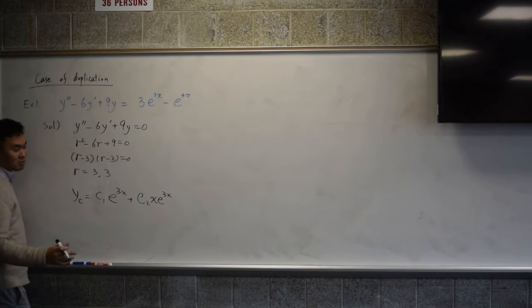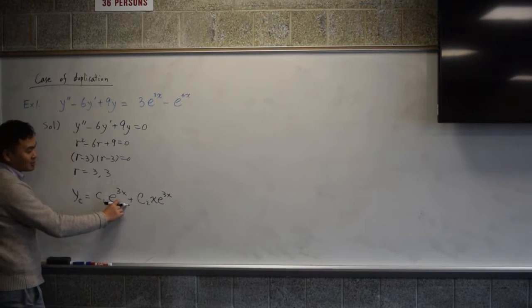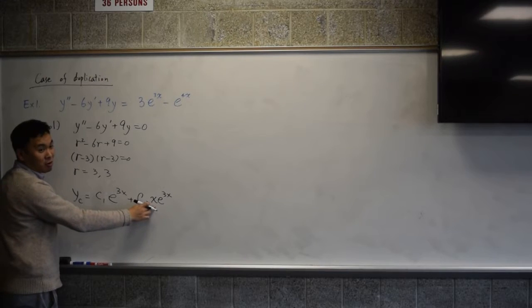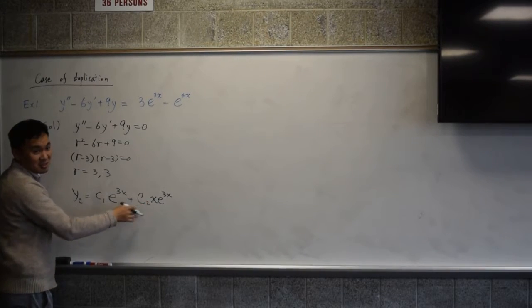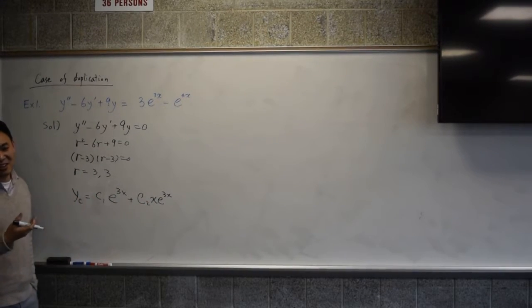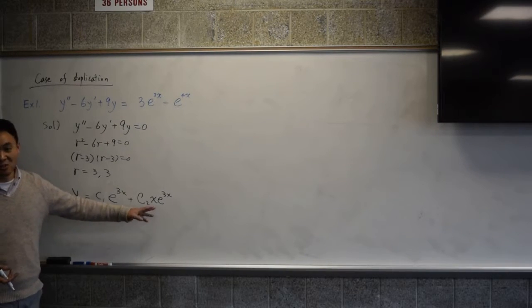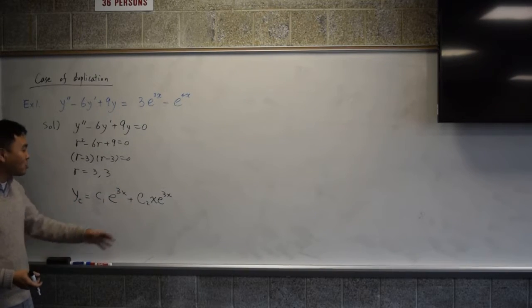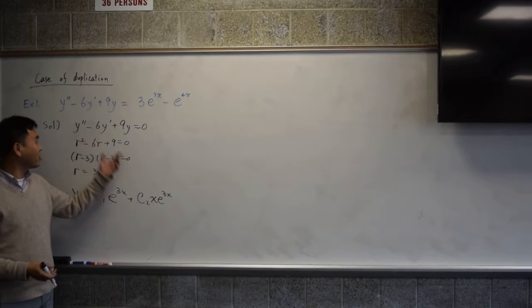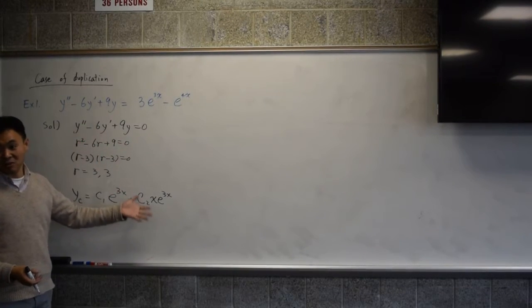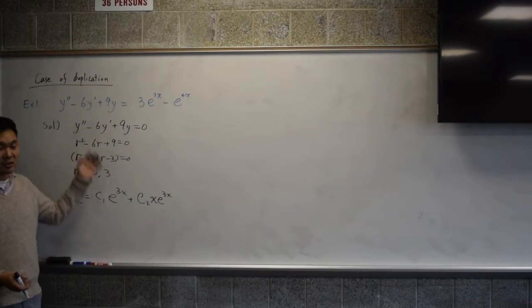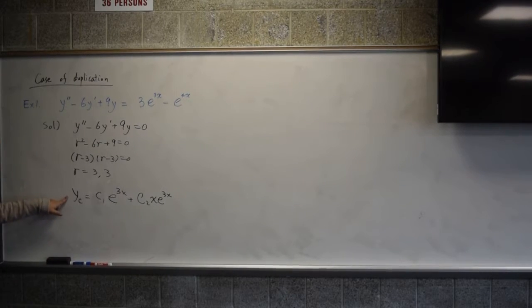So not only is it going to kill e to 3x, it also kills the one that's one stronger than e to 3x. That's how you intuitively understand this solution. Of course, to really check, you would want to plug it in and see it does satisfy the equation. You can do that, right? All right, so that's the complementary solution.